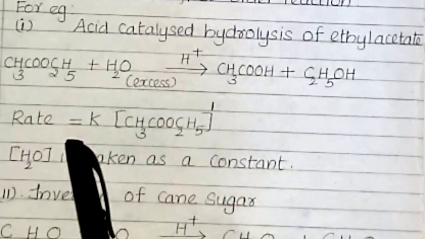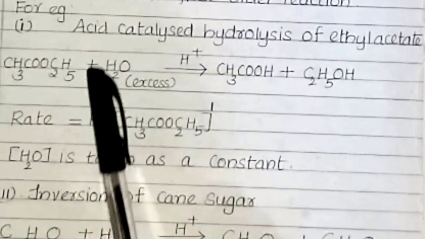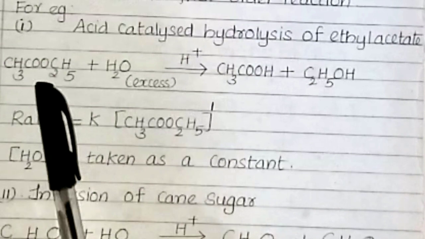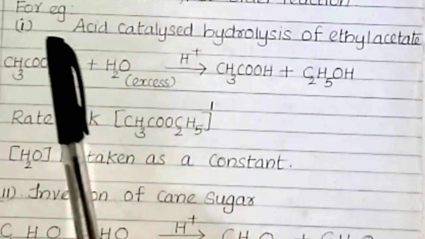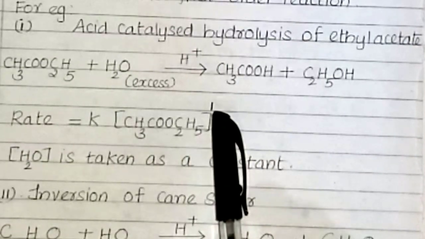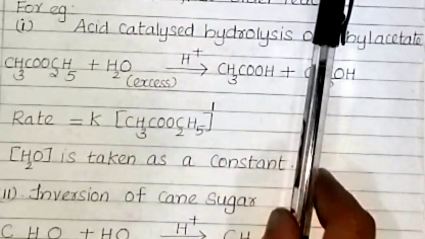So the rate only depends on the concentration of ethyl acetate. Here two reactants are there, but only one reactant affects the rate of reaction. So the order is 1. So these reactions are known as pseudo first order reactions.